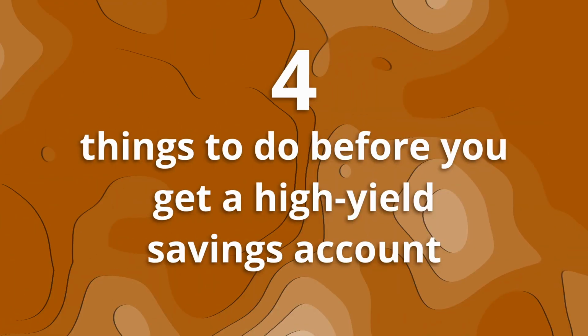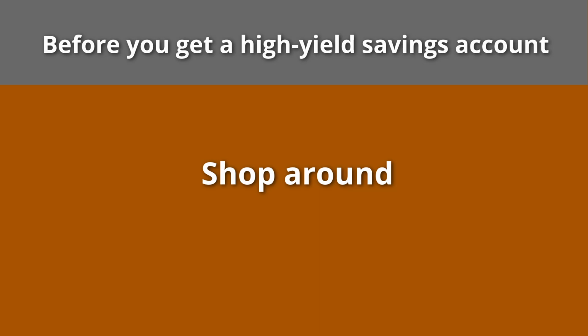Here are 4 things you should do before you settle on which high-yield savings account to go with. First, shop around. The best deals are almost certainly not going to be at the biggest banks. The highest APYs are usually offered by online banks because they don't have the expensive overhead of neighborhood branches or extensive operations.